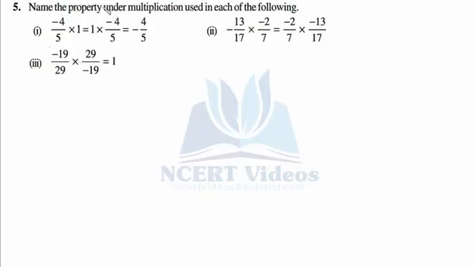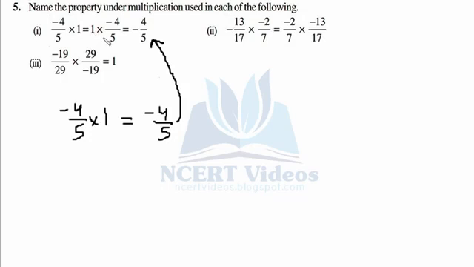Question 5. Name the property under multiplication used in each of the following. So here is the test of your understanding on the properties that you have learned in this exercise of rational numbers. The first is minus 4 over 5. It is getting multiplied with 1. And what is happening? This equates to 1 into minus 4 over 5. The given number is negative 4 over 5 and it is getting multiplied with 1. What would be your answer? That is minus 4 over 5. The same has been written here, minus 4 over 5. Now here, 1 is getting multiplied with the given number, in this case negative 4 over 5.